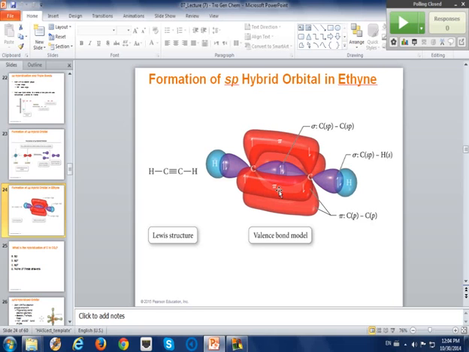The bond length has to be smaller in order for significant overlap of those 2px, 2py, and 2pz.